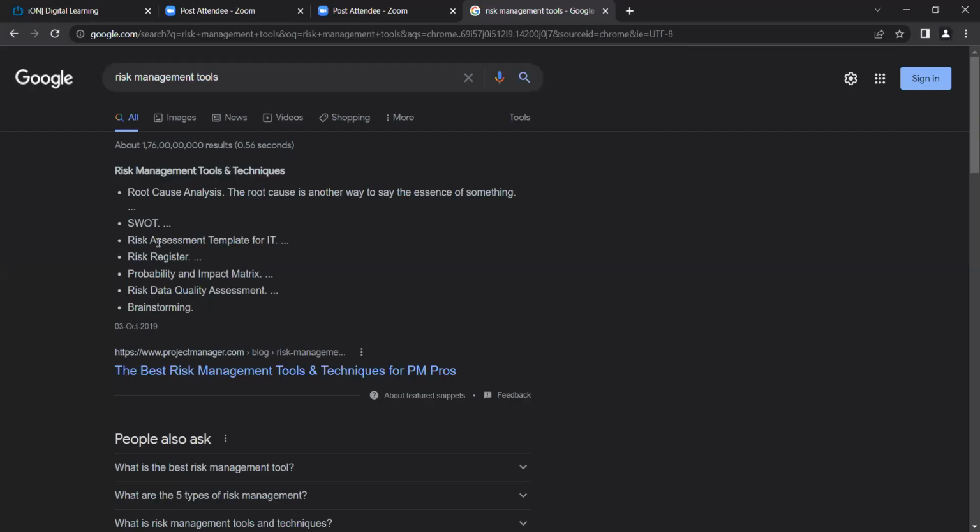So, the risk assessment template. There are many templates available for risk assessment, and that depends upon the tool you are using. I'll be sharing the link in the description box regarding the PPT, which was already shared by Harsh in our last practical.